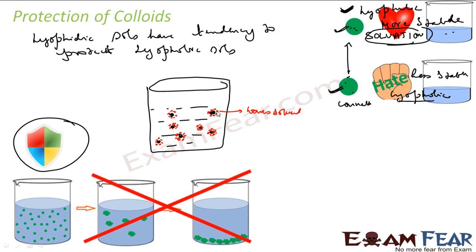This system will be stable, because the one which is hating the solvent is totally embedded now. It is not in interaction with the solvent, right? So these types of colloids which are used to increase the stability of lyophobic sols are called protective colloids, correct.